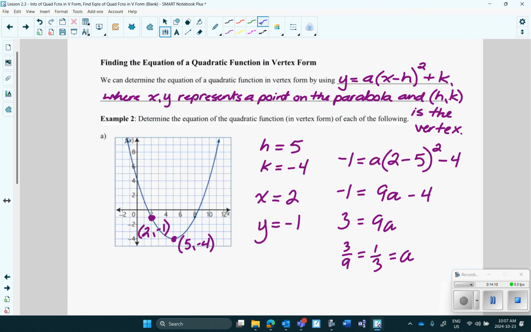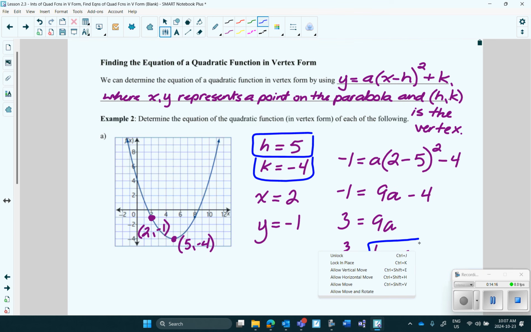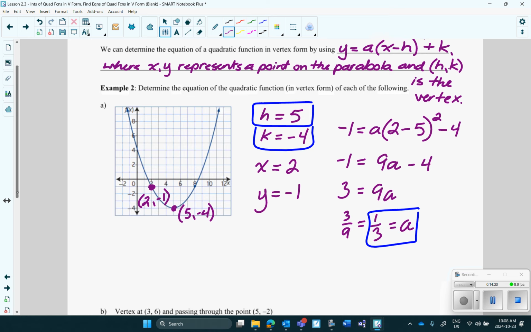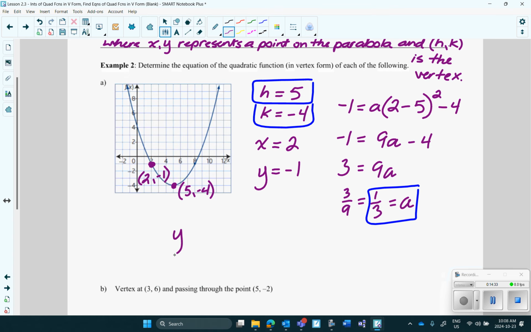So now I've got all the pieces of information I need to write the equation. So now go back to this form. This time we don't plug in anything for y and x, but we plug in all these values. So therefore, our final equation is going to be y equals whatever a is, which is 1/3, open parentheses, x minus whatever h is, which is 5, close parentheses, squared, plus k, which is -4.